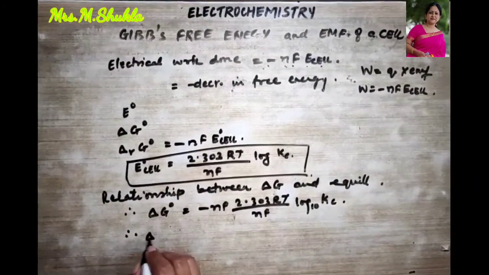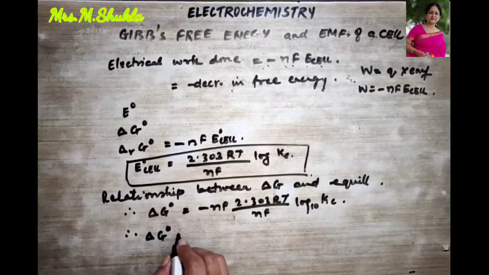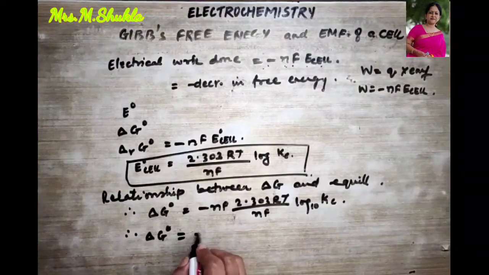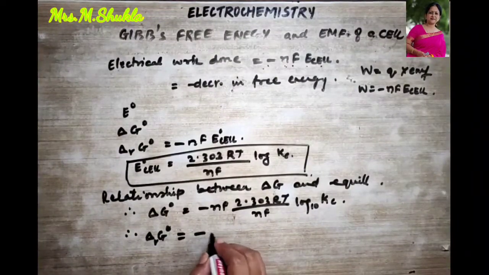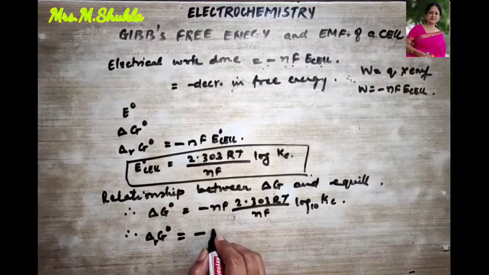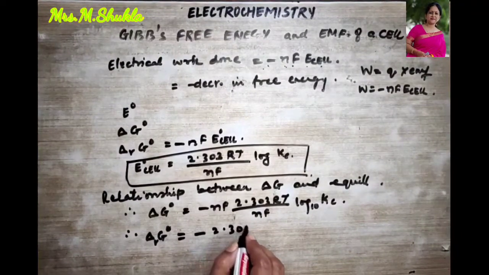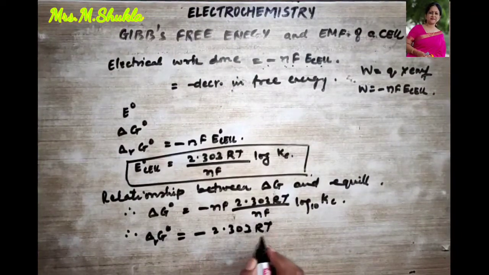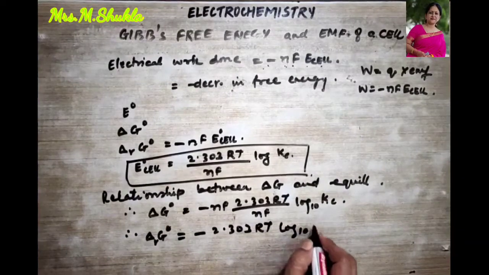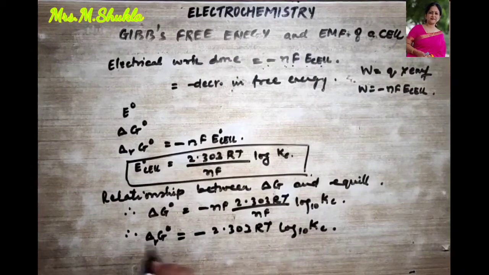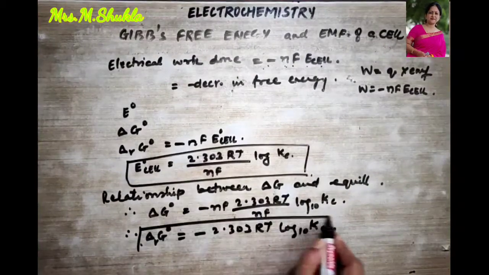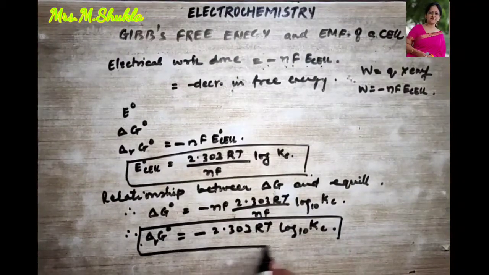Therefore, we can say that delta r G naught will be equal to minus 2.303 RT log to the base 10 of the equilibrium constant. I hope this is clear.